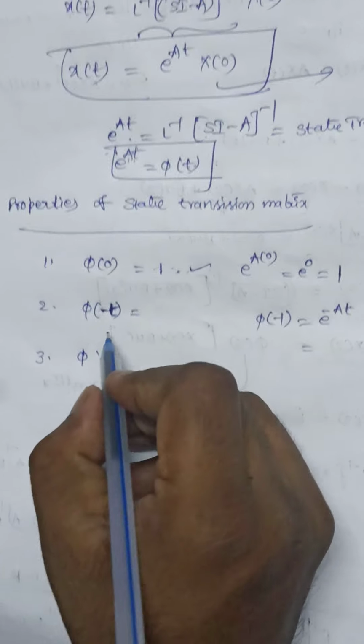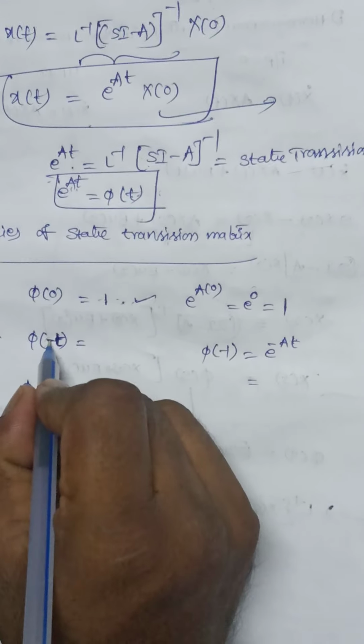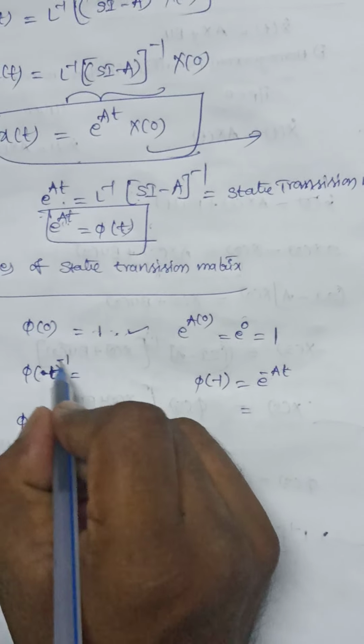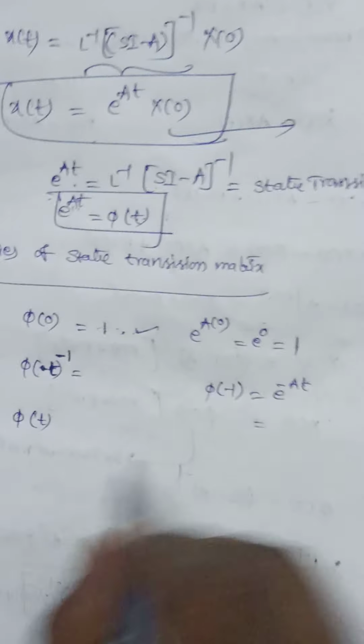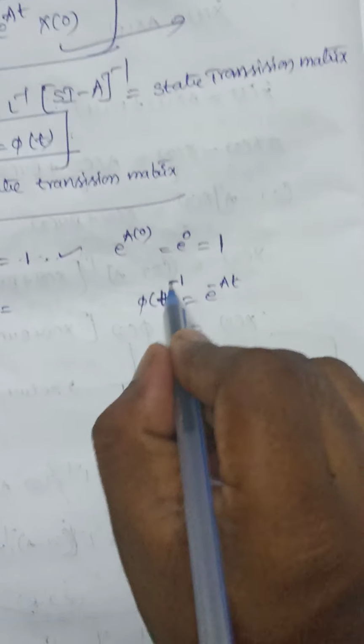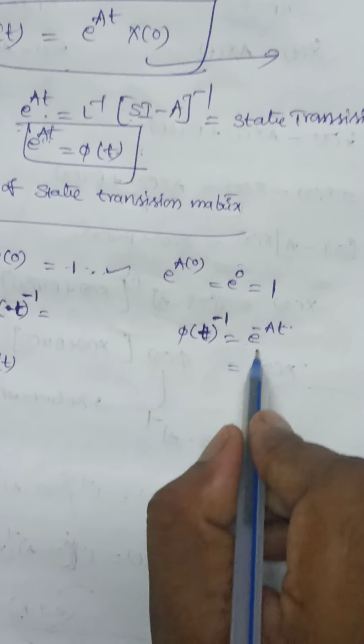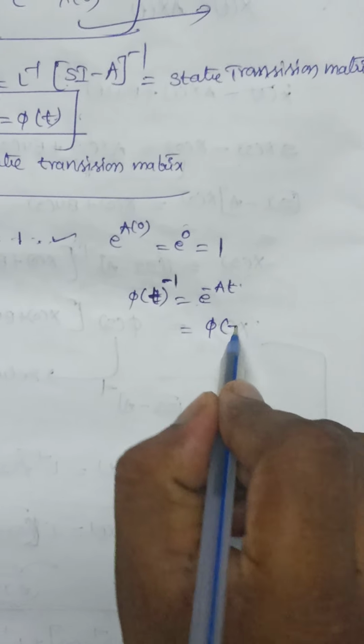Phi of t whole power minus 1. It is not phi of minus t, it is phi of t whole power minus 1.